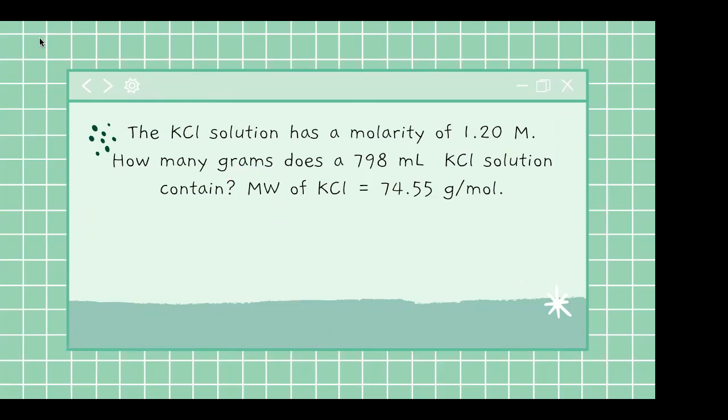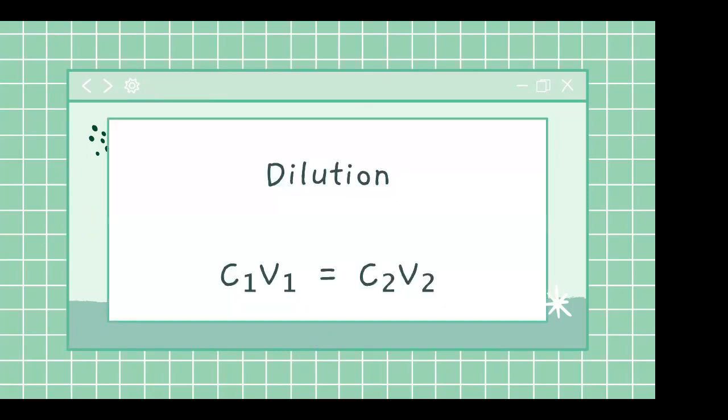Stop me at any time if you have any other questions. I do want to get to the end of this and have time for questions. So the dilution equation formula would be concentration 1 or initial times volume 1, and it doesn't really matter if it's in liters or milliliters as long as you're consistent.